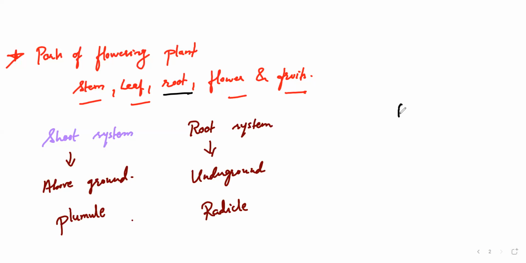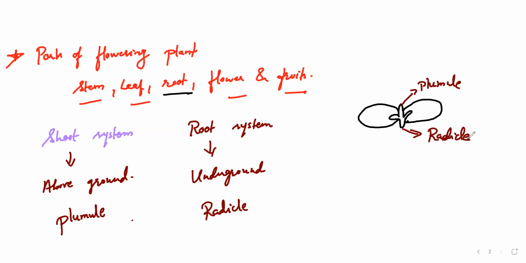So this is a basic cotyledon and it will be having basic two parts, that is plumule and radicle. Okay, and these are nothing but the two cotyledons.